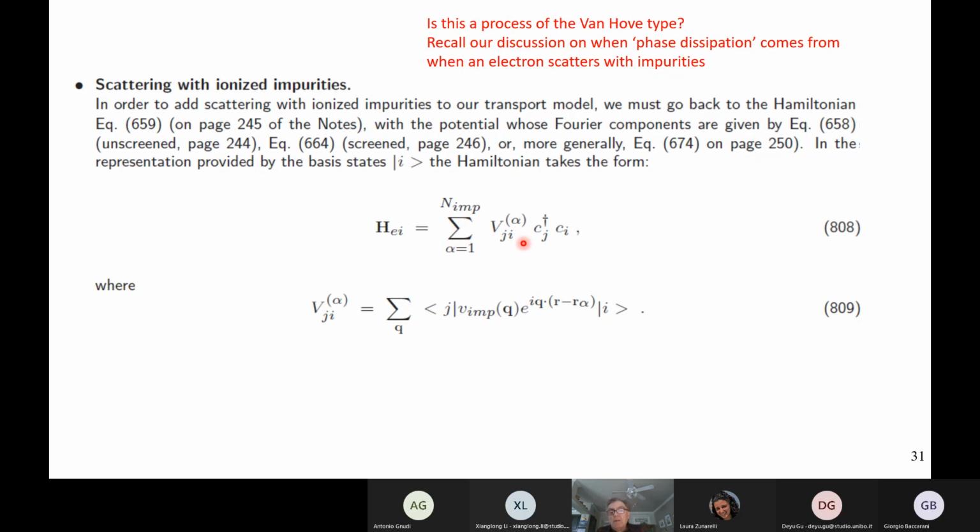I remind you that even when we dealt with electron scattering with ionized impurities, we said, well, the process is not dissipative in terms of phase dissipation. I can very well take my numerical code that solves the propagation of waves in a given potential. I can put the potential of all of the impurities. There are some issues related to the singularities, but screen, for example, whatever.